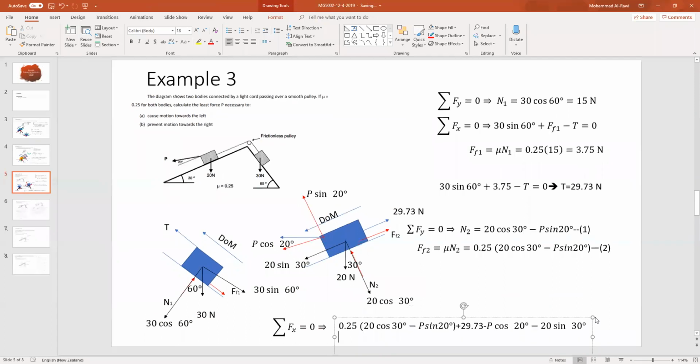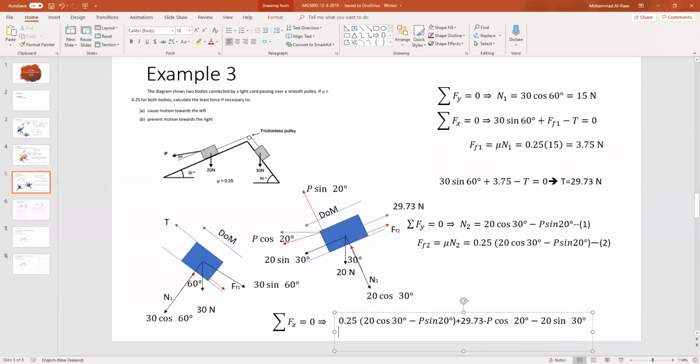So you see this equation is not really what you think you want to work with. But what's interesting about this equation is it's one equation with one unknown. That unknown is called P, which is the load we try to calculate. It resulted from adding the normal force. It came in terms of P. And then we multiply that by the coefficient to have it as friction force 2.